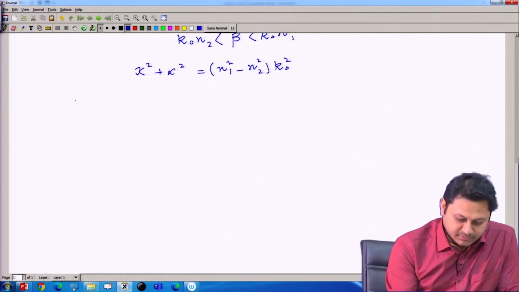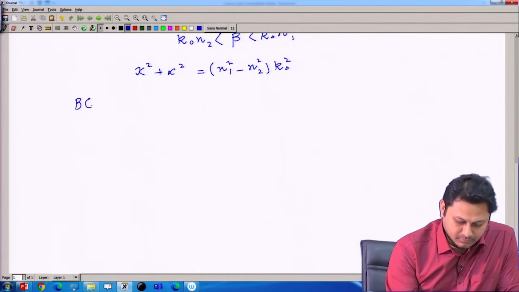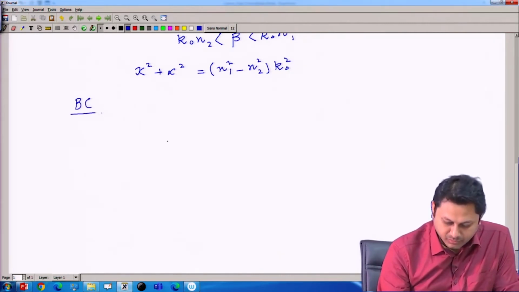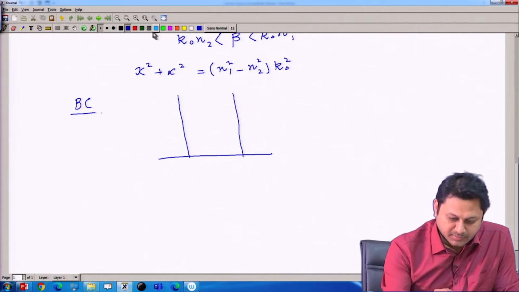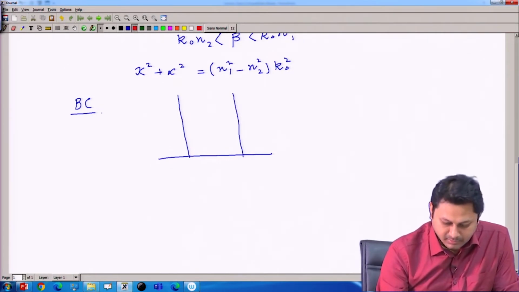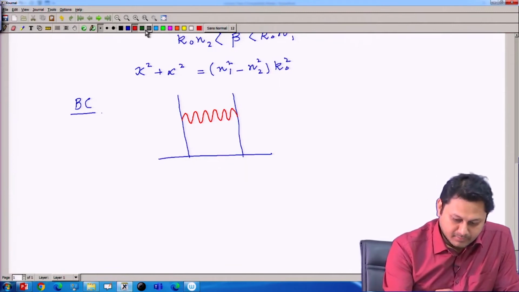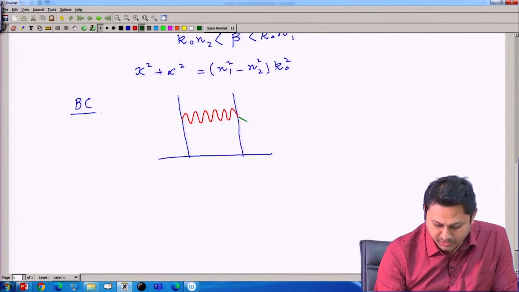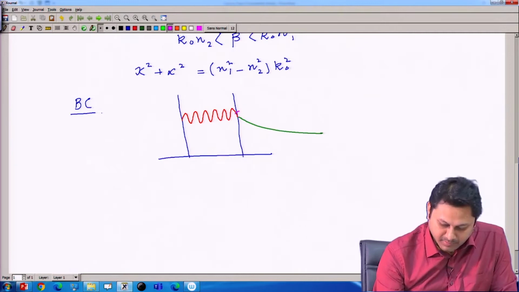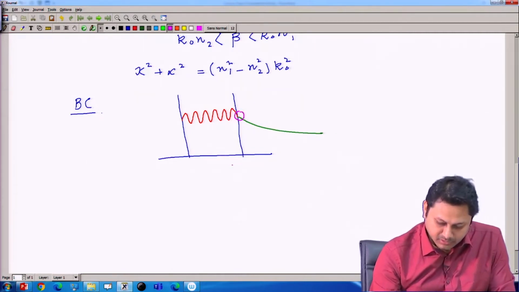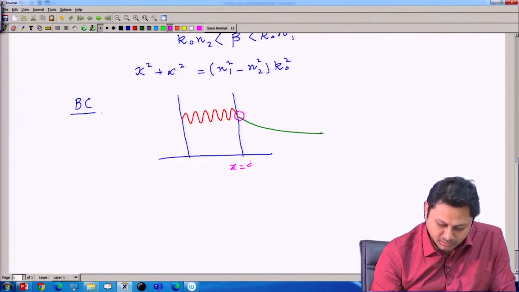There was a boundary condition at the interface. Let me draw once again. The structure was something like this, a sinusoidal solution here and then an exponential decay. This is the boundary at x equal to d by 2.